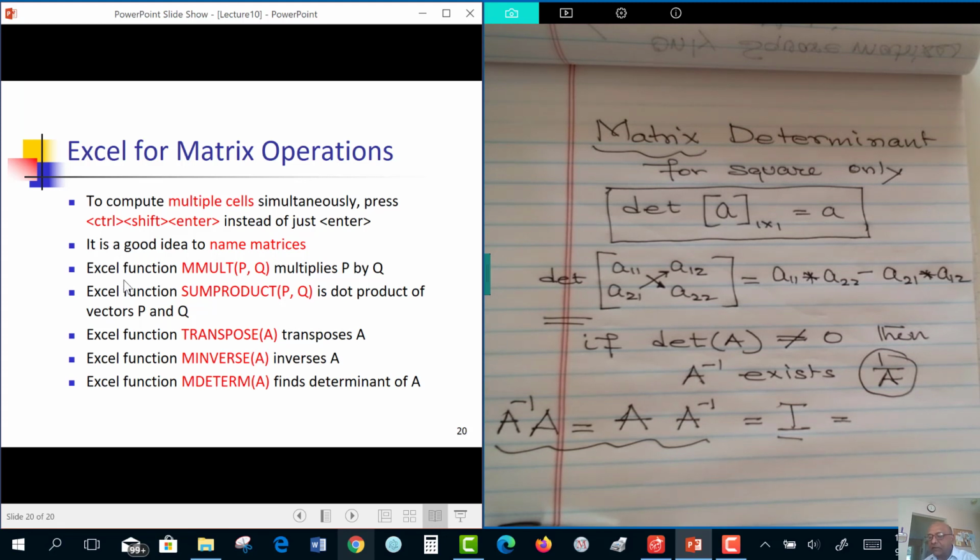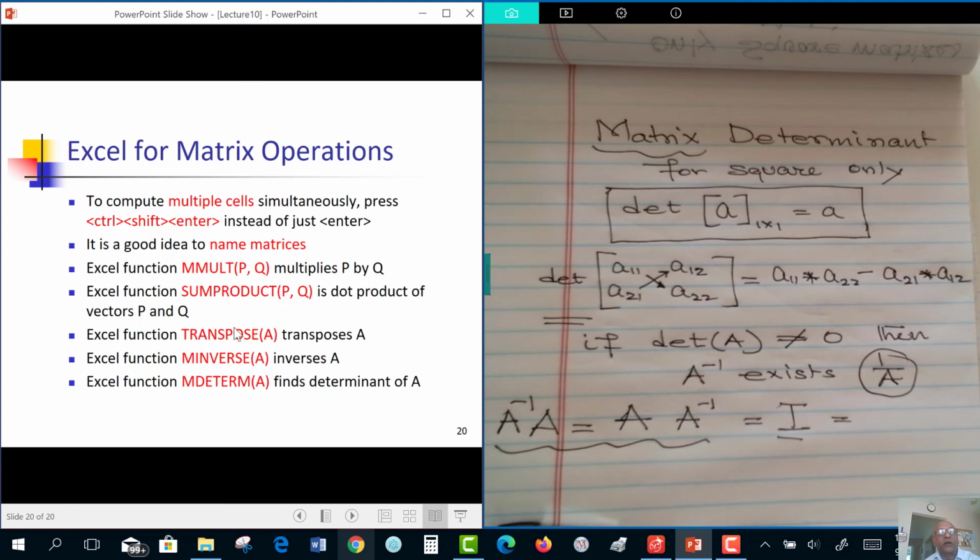So the key things are, typically plus and minus are algebraic. If we want to do matrix multiplication, there is a special function in Excel called MMULT. So MMULT multiplies P by Q. There is also a dot product function, which is called SUMPRODUCT. You have learned in your statics course the dot product of two vectors, P dot Q. So there is an Excel function for that.